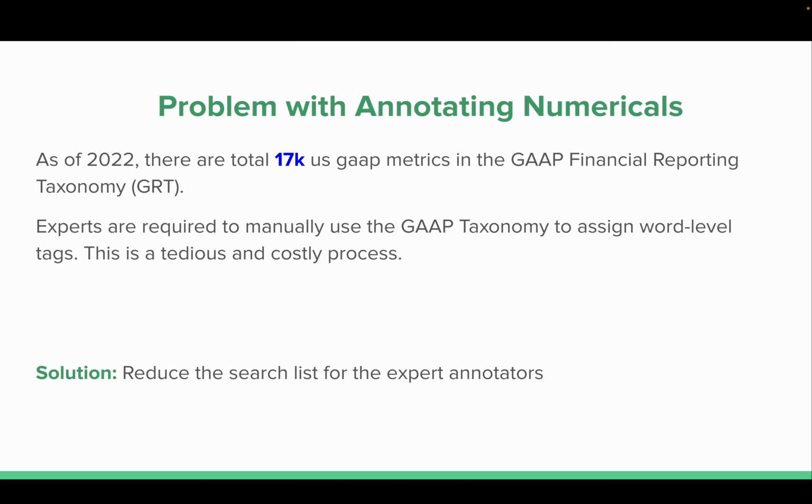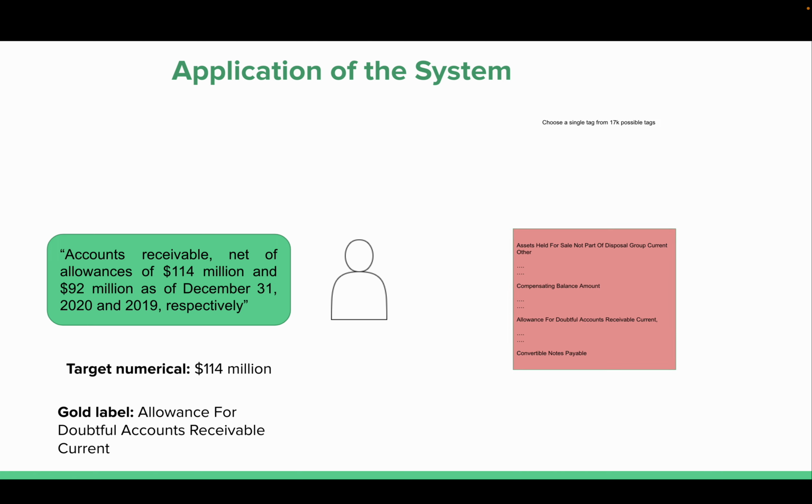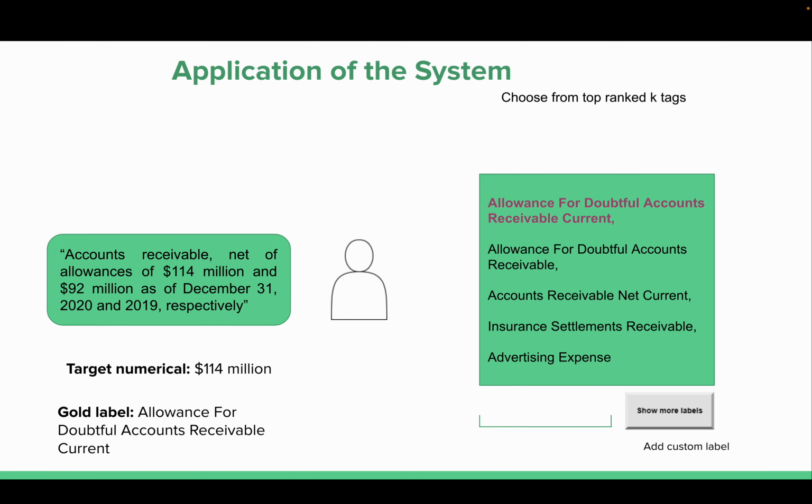So we are looking for a solution that can reduce the search space for the expert annotators. We want a system like this. Given a sentence, instead of choosing a single tag from the 17,000 possible tags, we want to give them a ranked list of top k tags from which the expert annotators can choose.